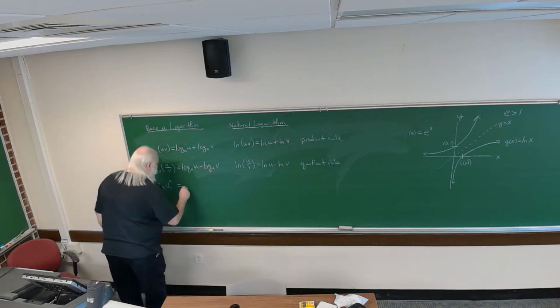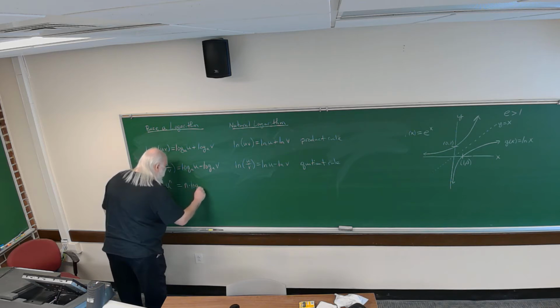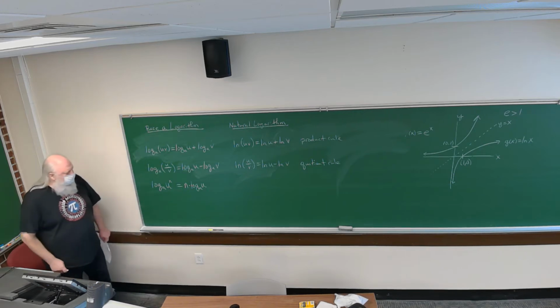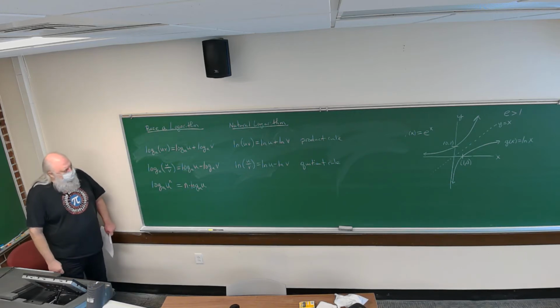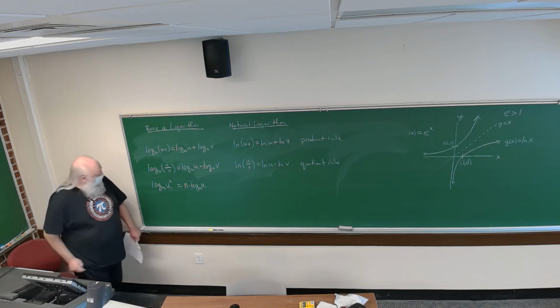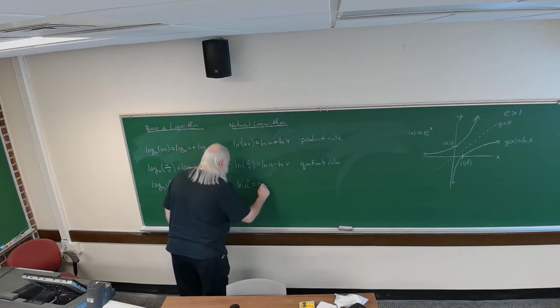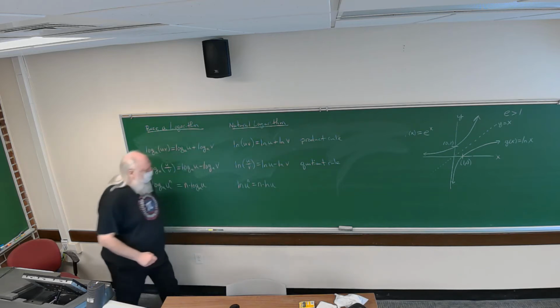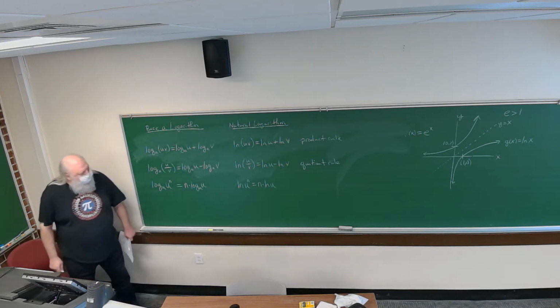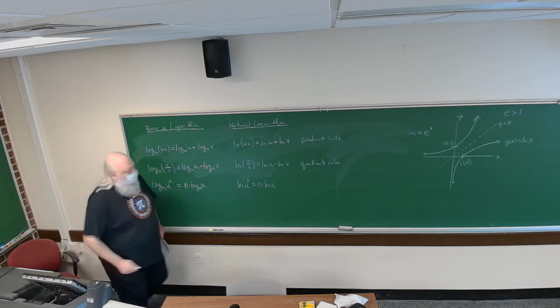So this is equivalent to n times the log base A of u. And for the natural logarithm, we have the natural log of u to the n is equal to n times the natural log of u. And that's called the power rule.